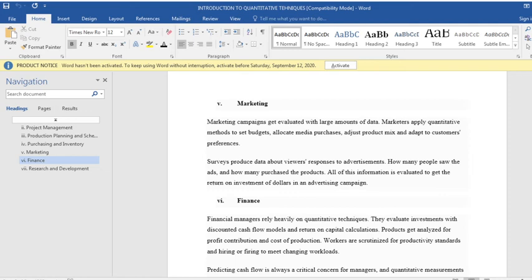The unit itself is so friendly and it's actually easy to understand. I normally encourage my learners that of all the units that you need to score a distinction, then quantitative techniques or method should actually be number one, because it is always straightforward.